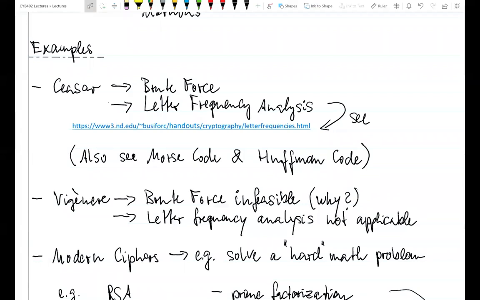So convince yourself that the key space is really small. It's actually 26, or let's say 25, because you don't want to shift by 0 positions, then you have the plain text anyways. And letter frequency analysis may be a good way of finding out how many shifts were actually applied.